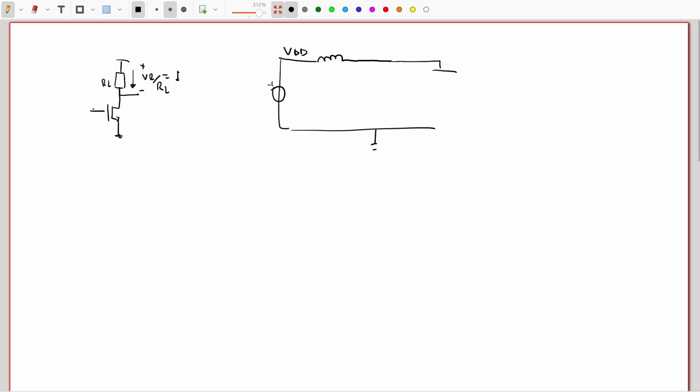Then our circuit is going to be located somewhere here. Then we can use the decoupling capacitor to reduce the effect of this inductance. So we have here the decoupling capacitor.